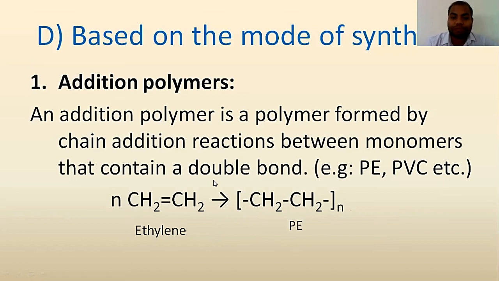Based upon their structure, polythene or PE can be divided into various types like LDPE, low density polyethylene, and HDPE, high density polyethylene. Low density polyethylene generally contains fewer polyethylene molecules, but HDPE generally contains more polyethylene molecules. That's why they are denser.